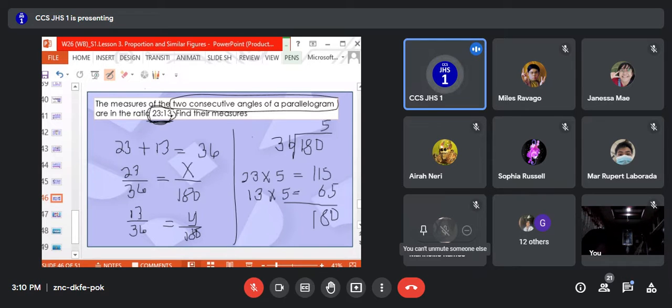So sa 9H, there are 8 is to 12. So 8 over 20 ang boys, ang girls kay 12 over 20. Parts sa fractions, kibali. Part of the boys and parts of girls. That's why we are going to add this one.